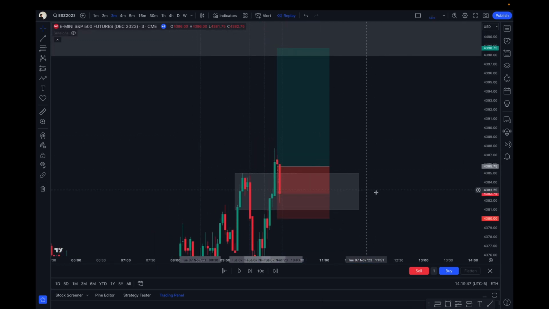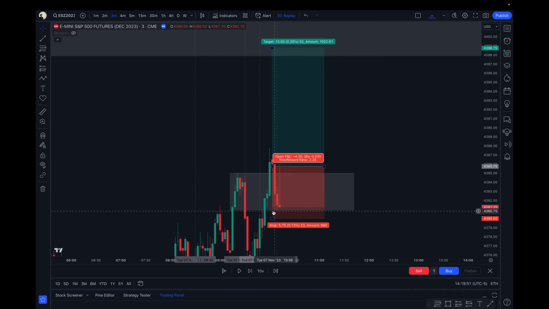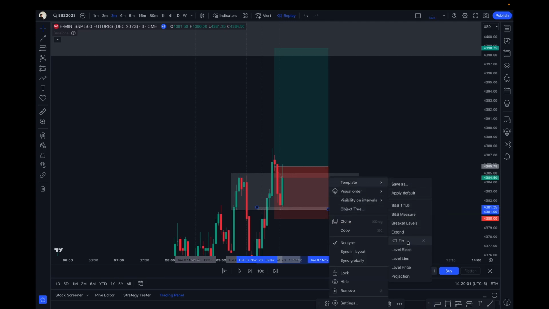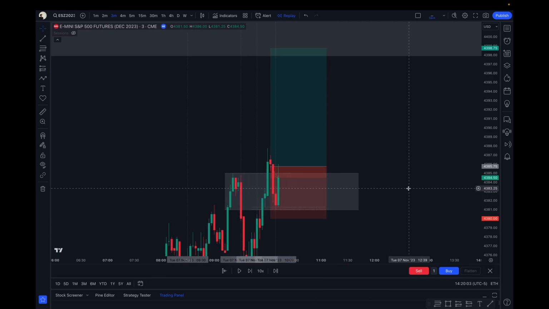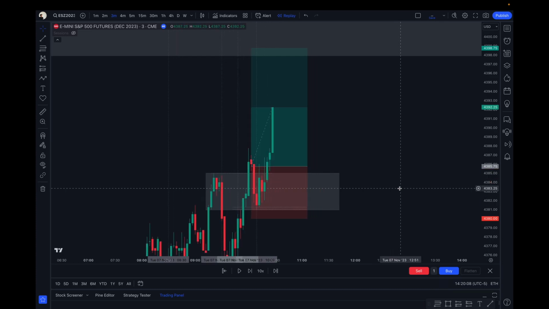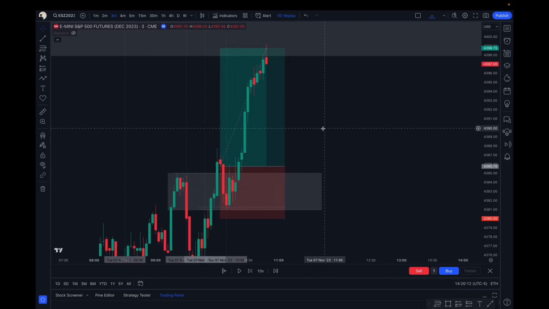So let's see if the market respects our stop loss. The market retraces back to a small fair value gap down here. We're still in large drawdown, but we will trust our setup. And then eventually the market starts going up and hits our take profit.